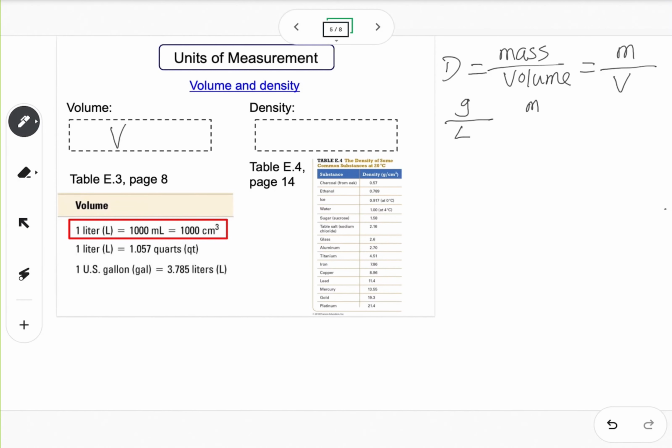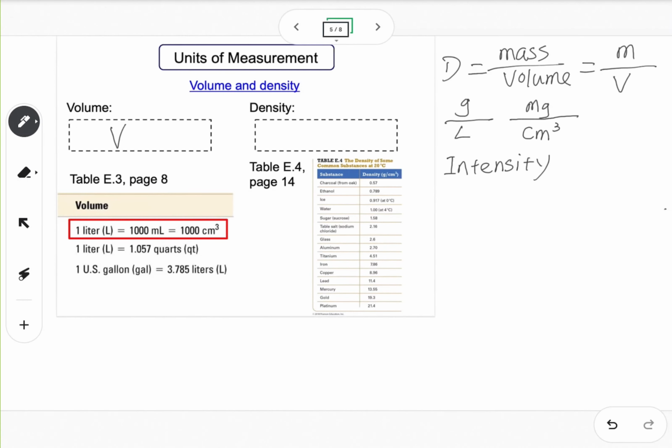If you use mg as the unit for mass and cubic centimeter as the unit for volume, then the unit of density is mg per cubic centimeter. One thing I do want to remind you here is density is an intensive property. It means the density does not change no matter how much you have of the substance.